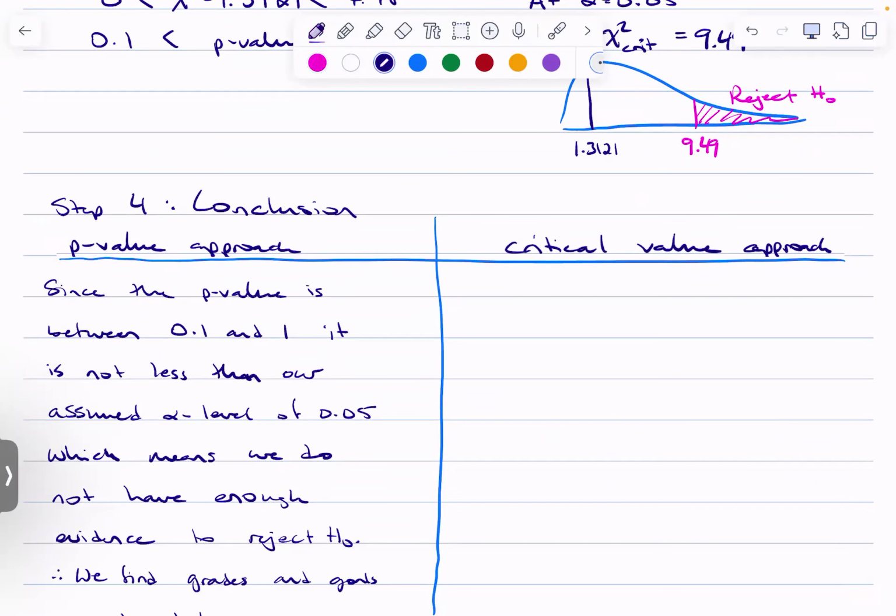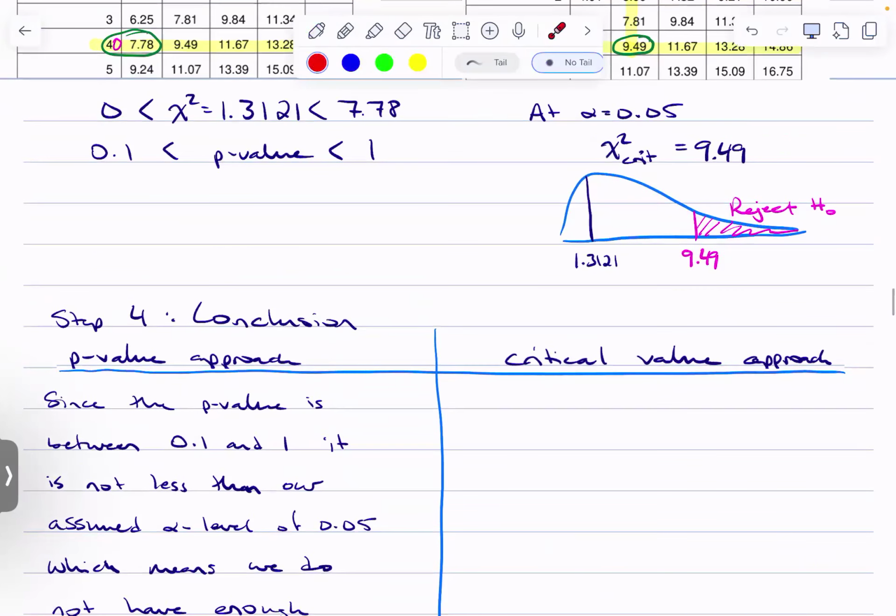So with the critical value, we have this idea that if my calculated chi-squared is bigger than my critical value, then I have enough evidence to reject H naught.